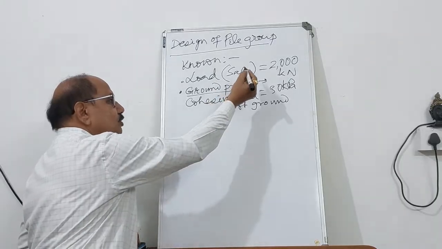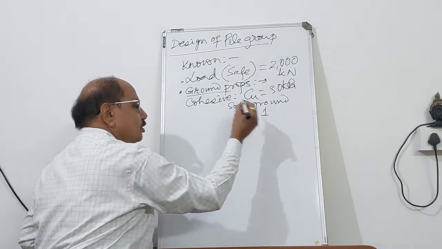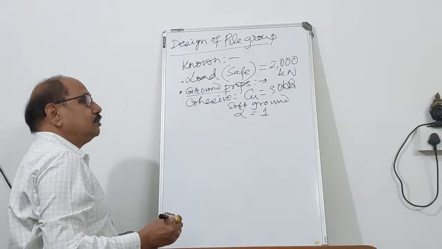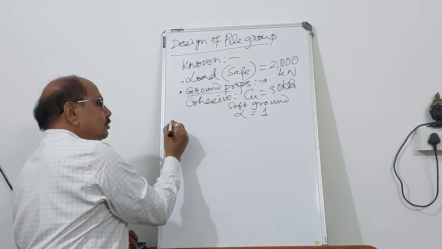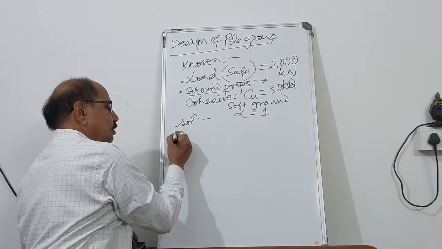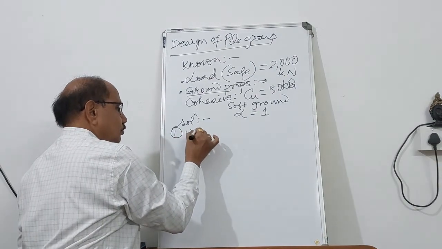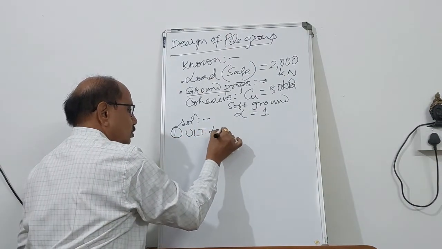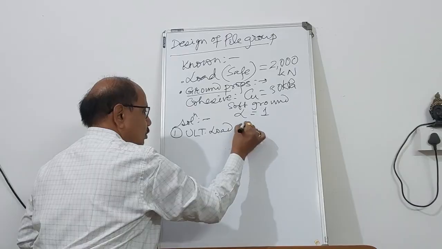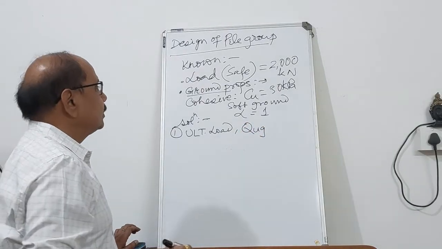There is the information that you know, alpha value, let's say it is 1. So first of all, we should find out the ultimate load that the group is to carry.